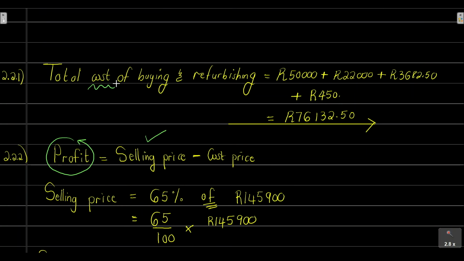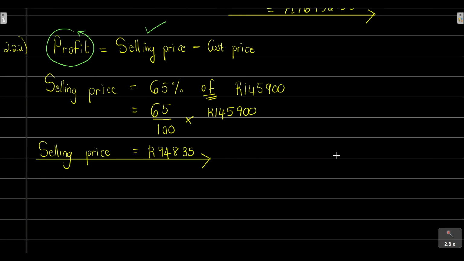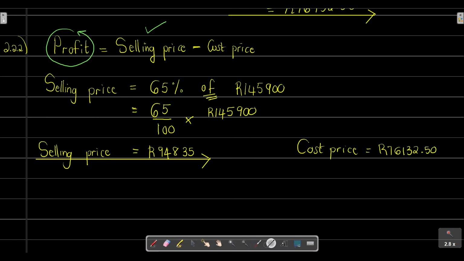That is his cost price. So the cost price for refurbishing is equal to 76,132 rand 50 cents.